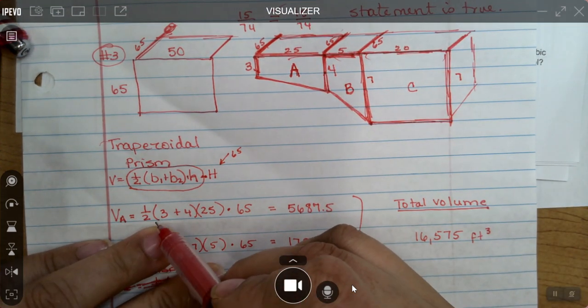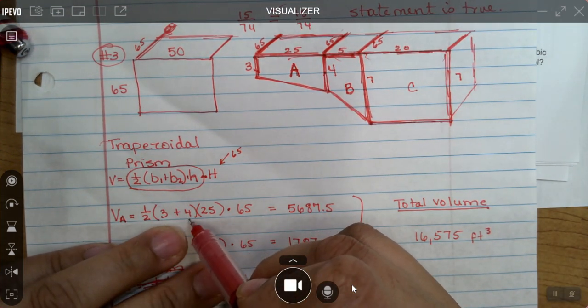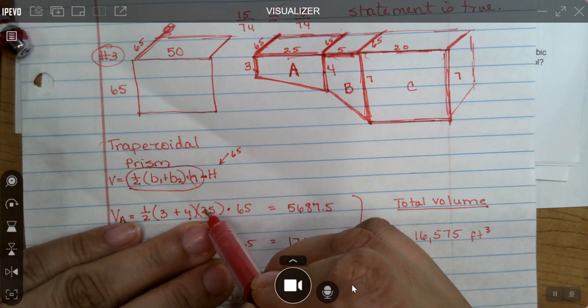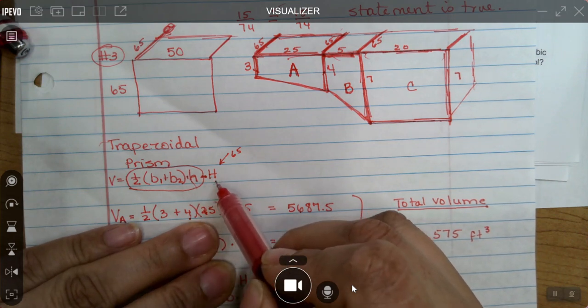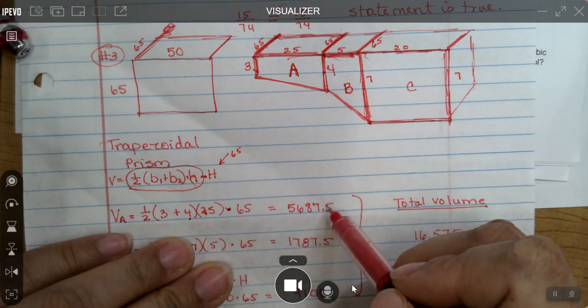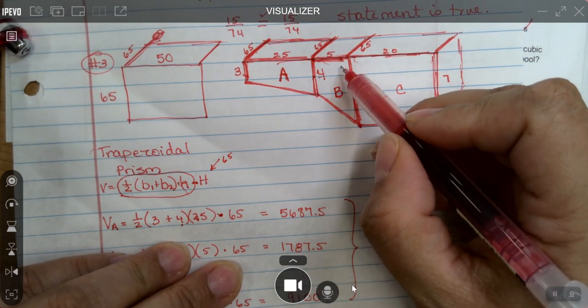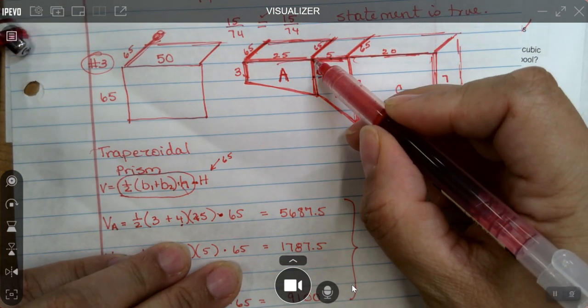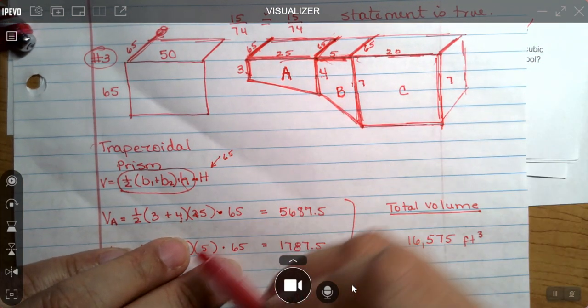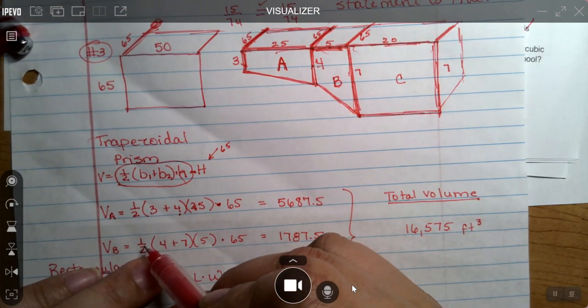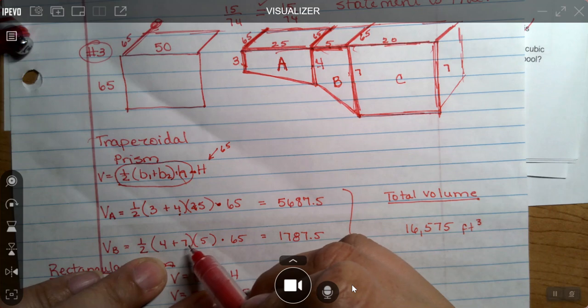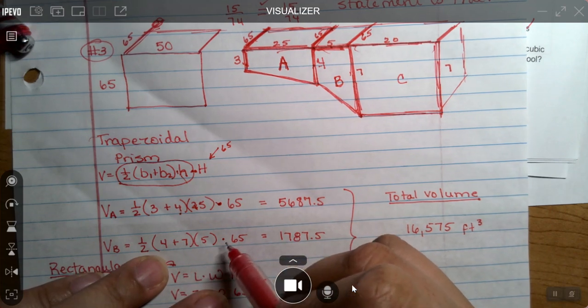That's why it says 1/2, 3 plus 4, times 25, and then times 65. For this one, the bases are 4 and 7, their distance is 5, and the height of the prism is 65. So 1/2, 4 plus 7, times 5, times 65.